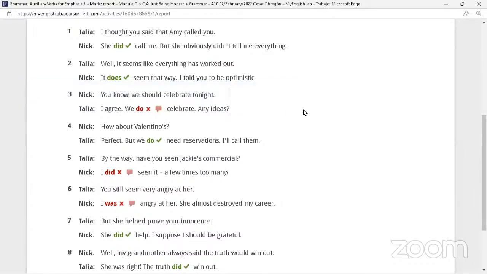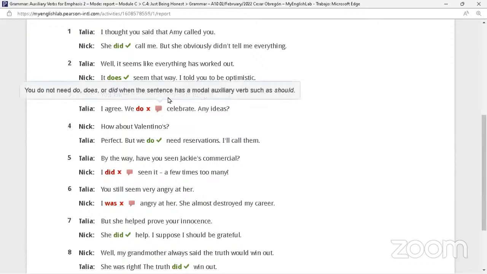So, any idea what to use? We should celebrate. I'm sorry? We will celebrate. Let's see. When the sentence has a modal auxiliary such as should. Remember the rule?